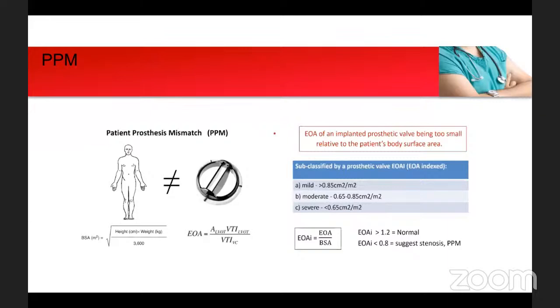Mild, when you have an effective orifice area index of more than 0.85 cm² per m², moderate between 0.65 and 0.85 cm² per m², and severe in case of an effective orifice area index of less than 0.65 cm² per m².